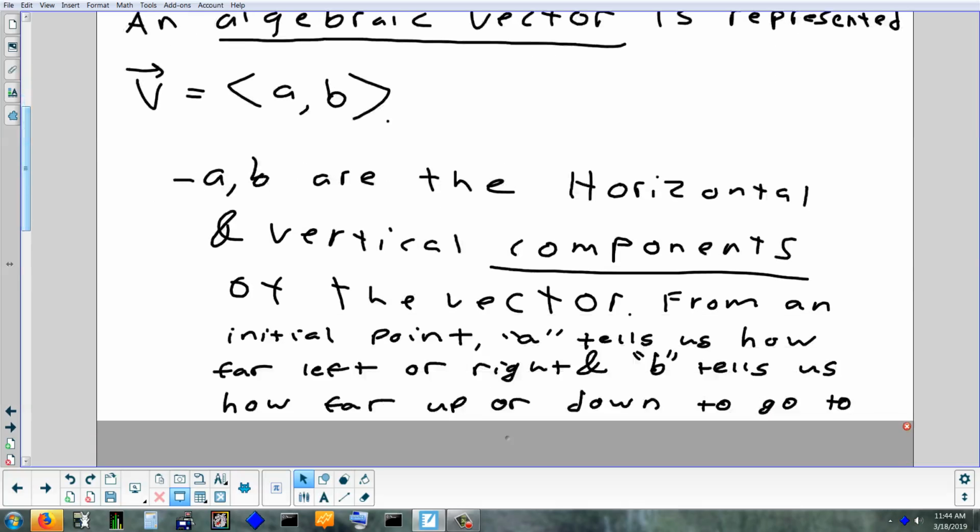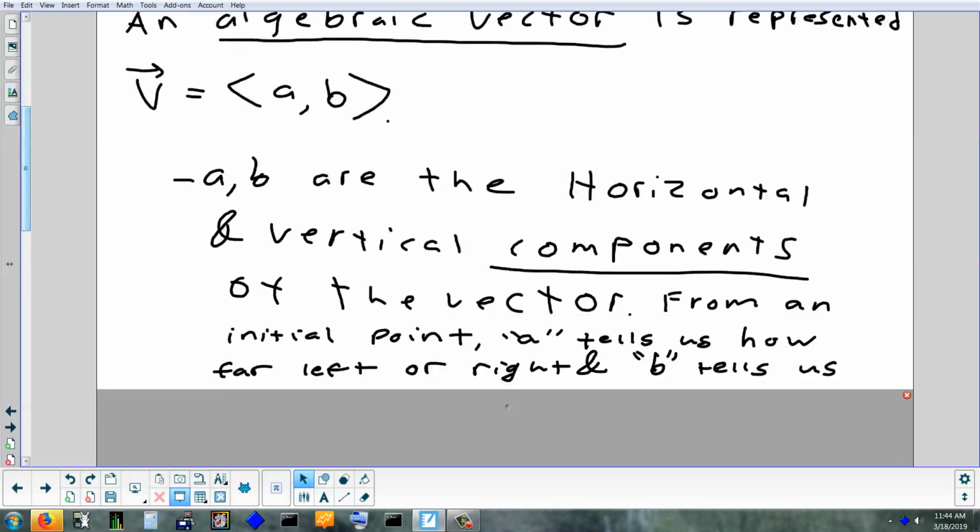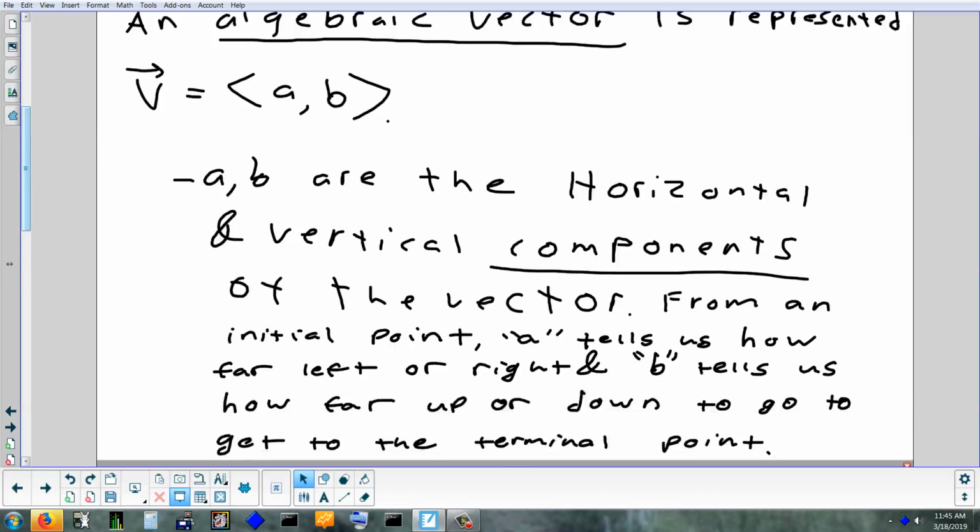And I write that down right here. So from an initial point, A tells you how far left and right to go. And then from an initial point, B would tell you how far up or down. So A and B are directions from the initial point to the terminal point.